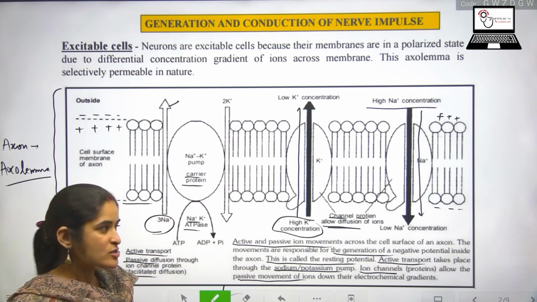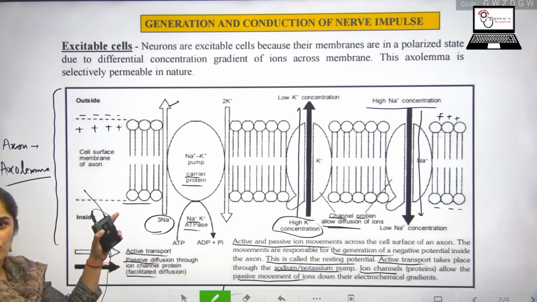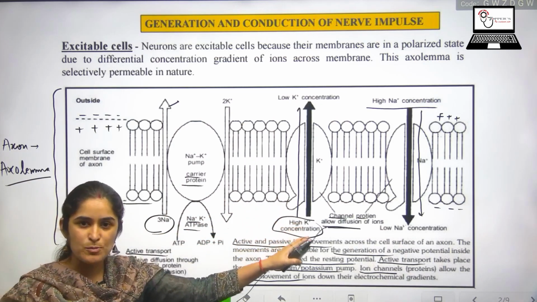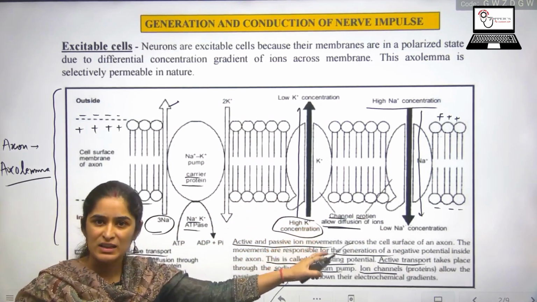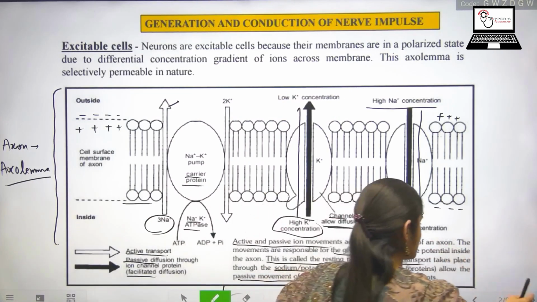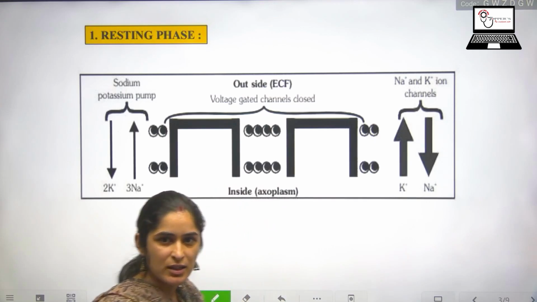So active transport and passive diffusion of ions are responsible for the generation of electrical impulse in the neuron. See here beta, there are three steps in the generation of an electrical impulse.